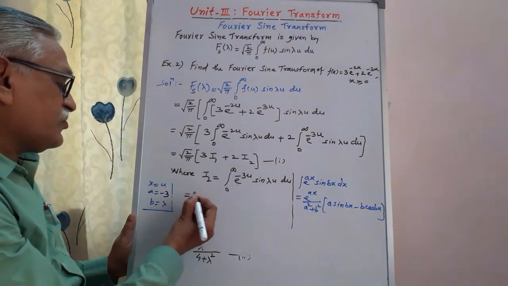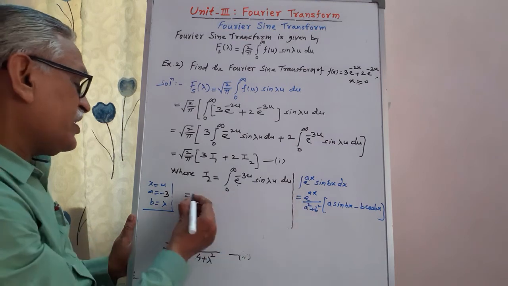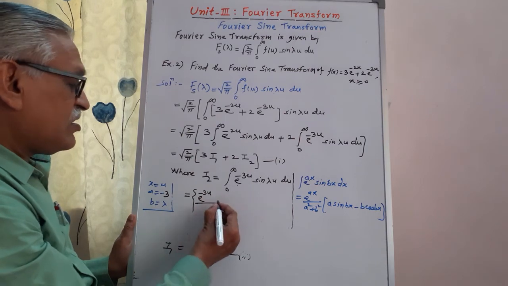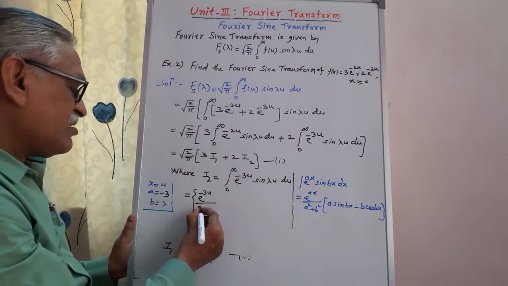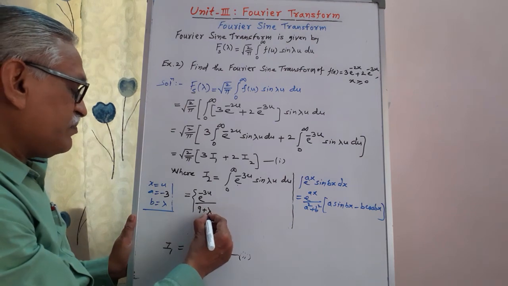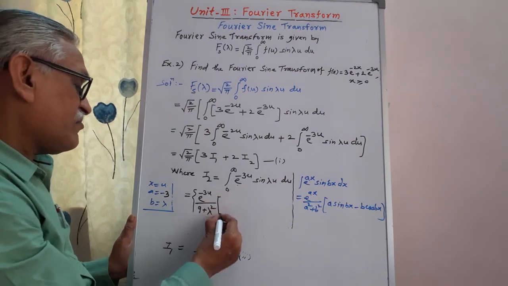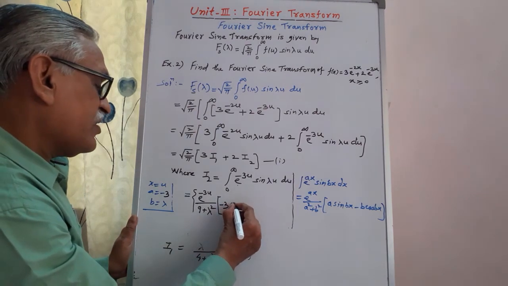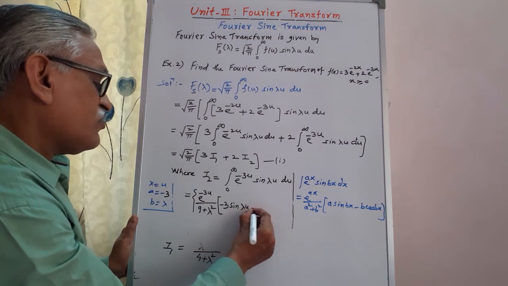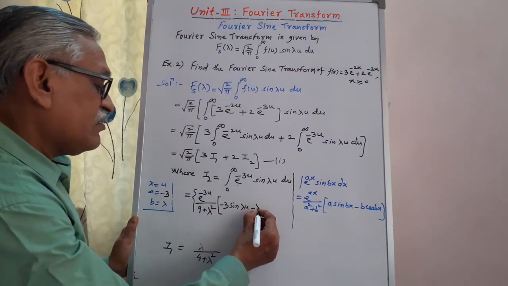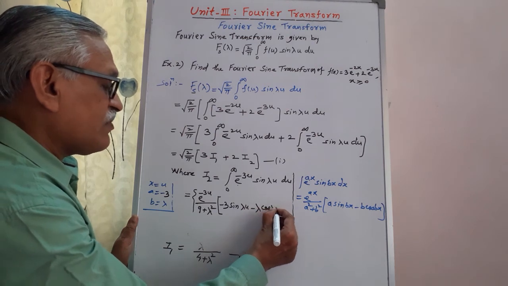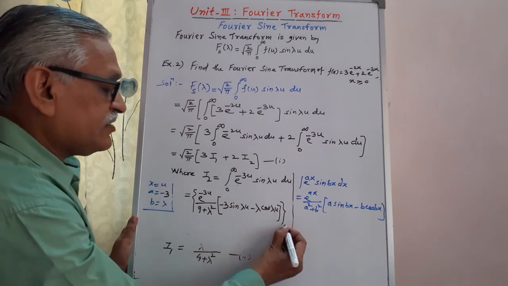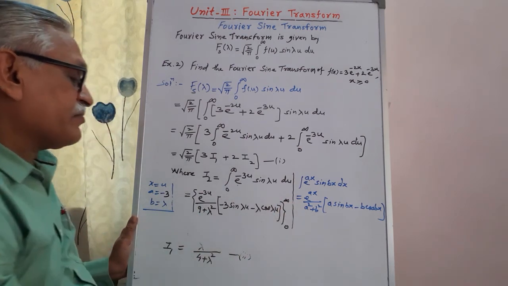Therefore it is e raised to minus 3u divided by 9 plus lambda square, into minus 3 sin of lambda u minus lambda cos of lambda u, with limits 0 to infinity.